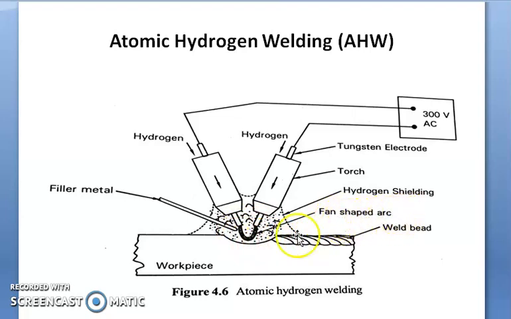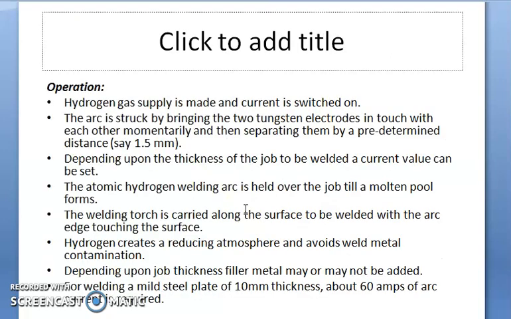A fan shaped arc is created. Then the fusion of the workpiece takes place. After that, the weld forms. The hydrogen gas itself is used for shielding the welding area. This is all about the working principle of this welding process.